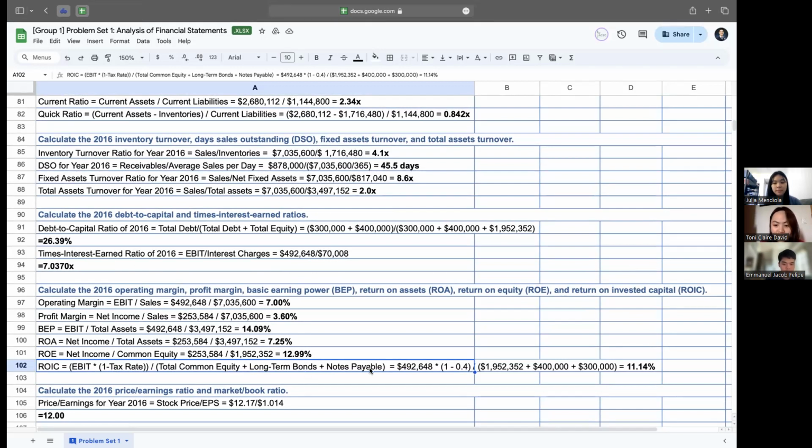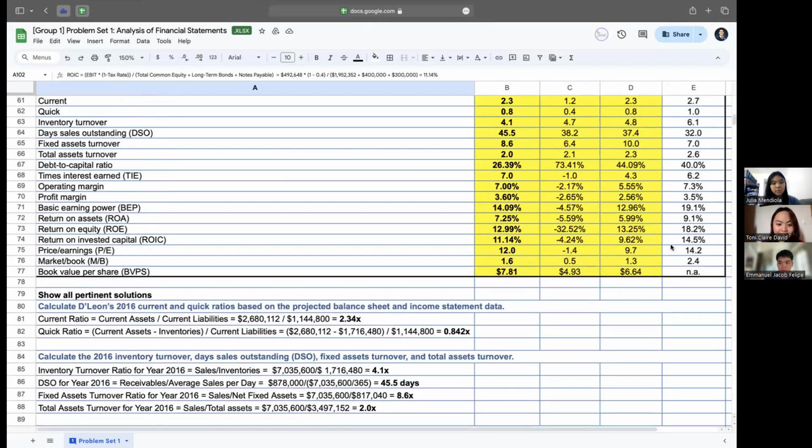So in the Excel file, this is calculated as the EBIT, so 492,648 times 60%, which is 1 minus the tax rate, all over 1,952,352 plus 400,000 plus 300,000, or around 11.14%, which is also lower than the industry average.